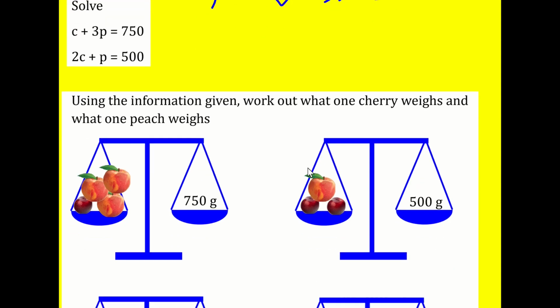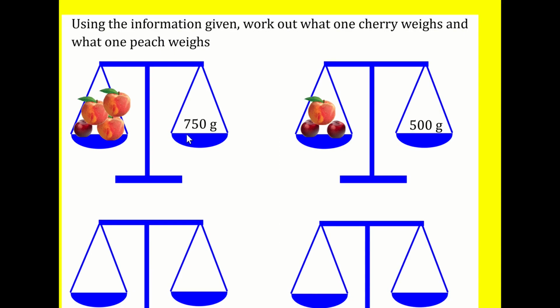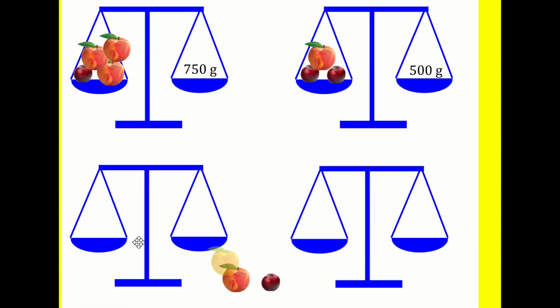Okay, what can I do to try and solve this? Well, I really want them to be the same number of cherries or peaches on both sets of scales, because then I'm in business. I can do what I did before. I can imagine I've got my 3 peaches here, and I've got my cherry.